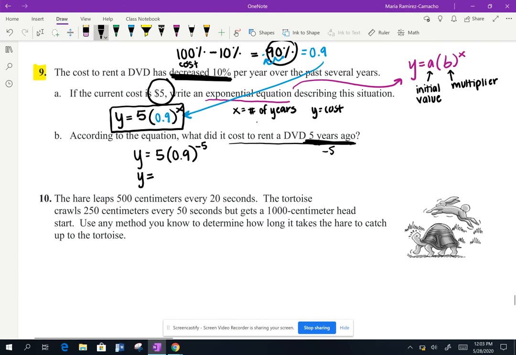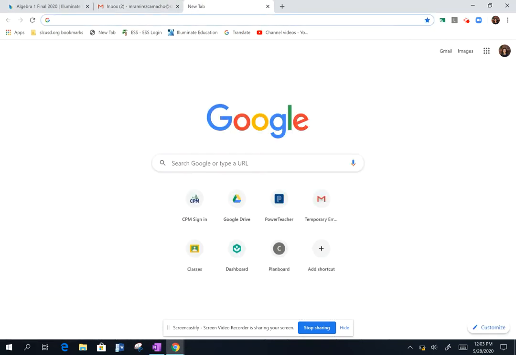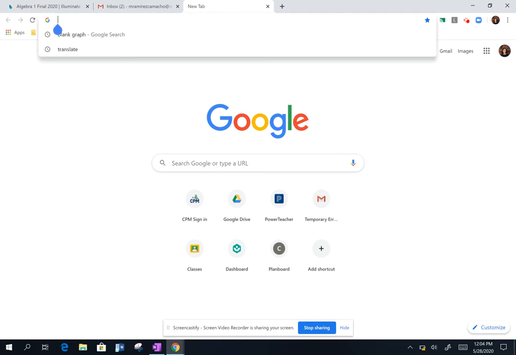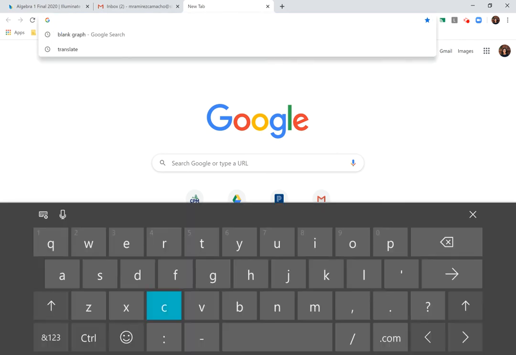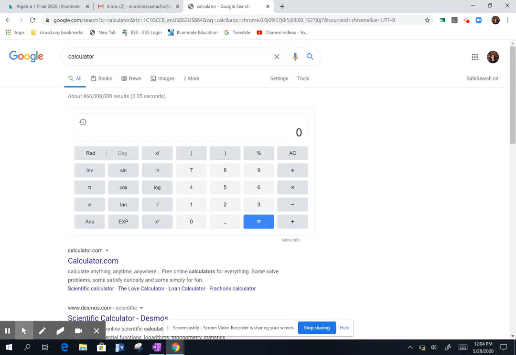Let's go to Google. Okay, here we go. 5 times 0.9 to the power of -5.